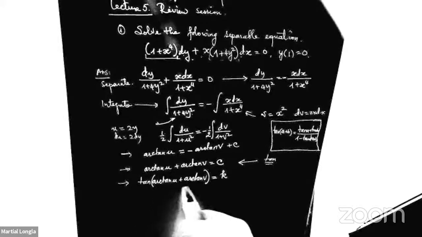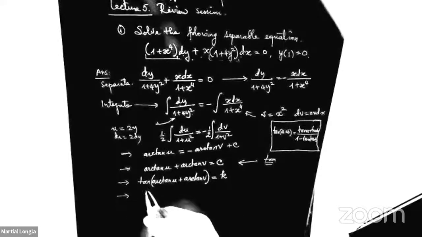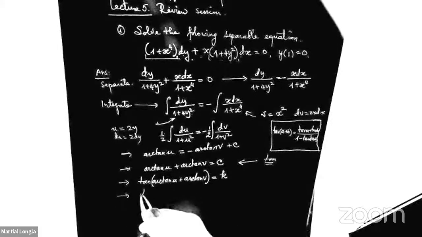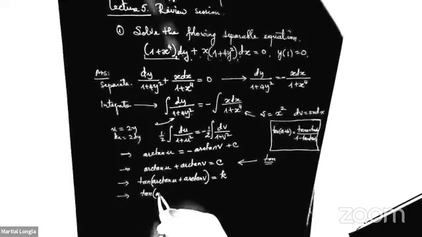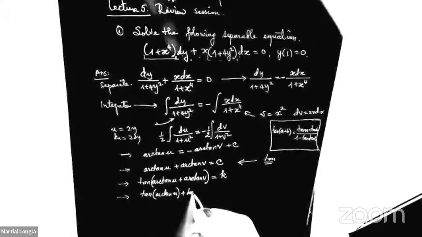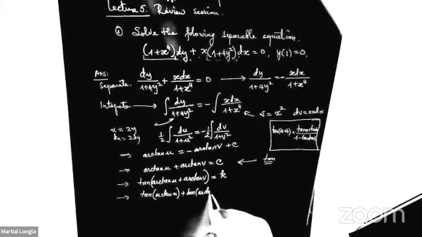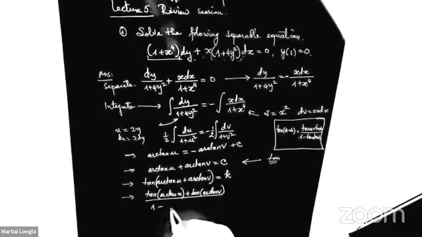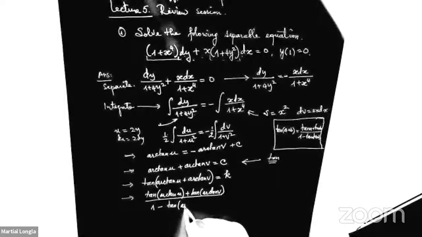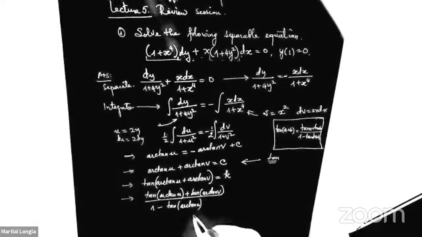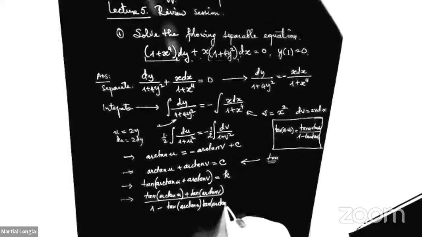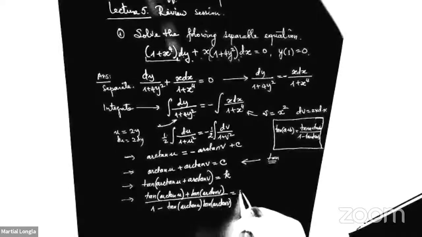So tangent of this sum is going to be tangent of arctangent of u plus tangent of arctangent of v over 1 minus tangent of arctangent of u times tangent of arctangent of v equals a constant.